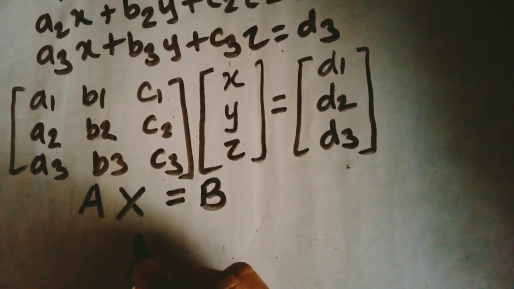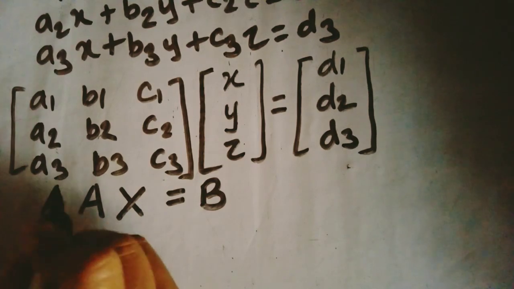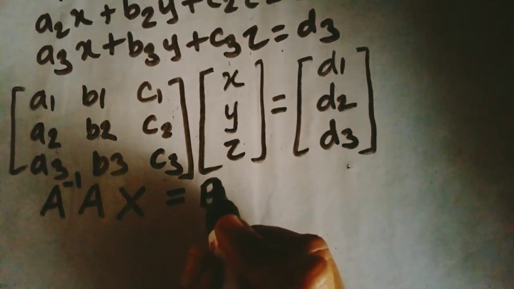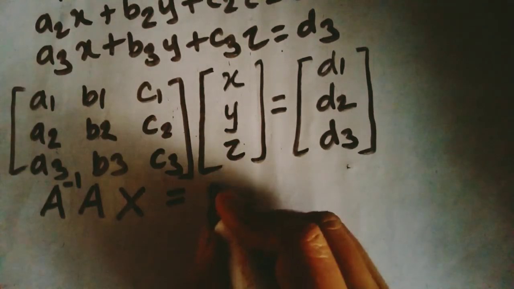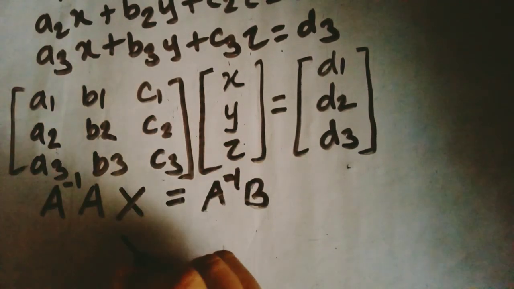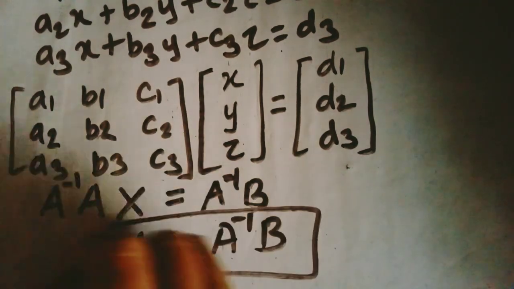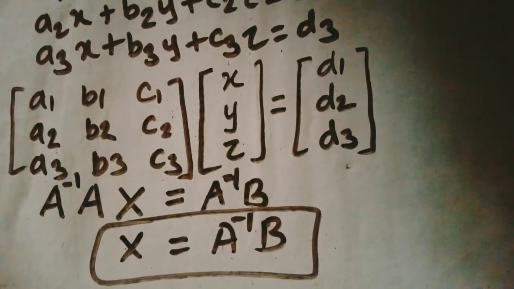So our X matrix, that is the solution matrix, is given by, if you multiply A inverse on both sides, X is A inverse B. So using this equation you can find the inverse of a matrix.